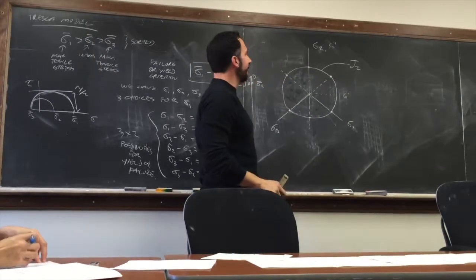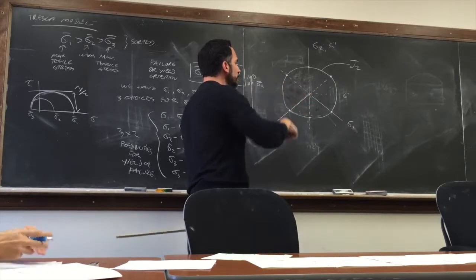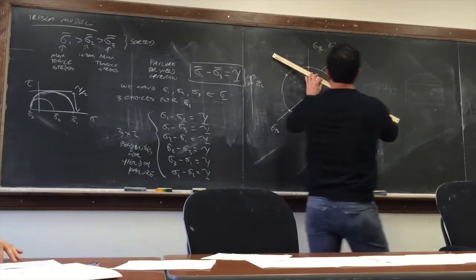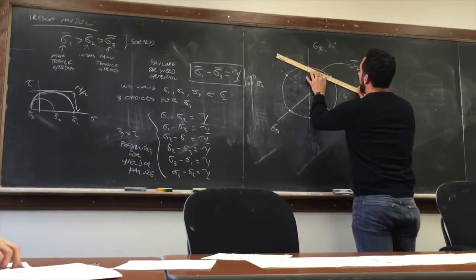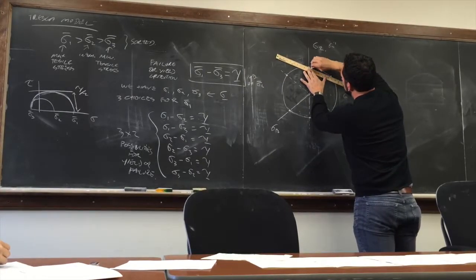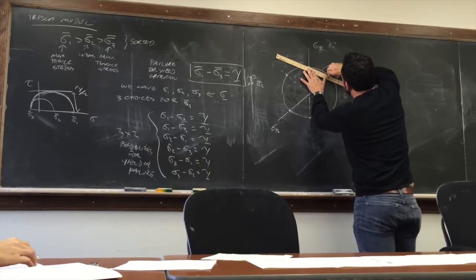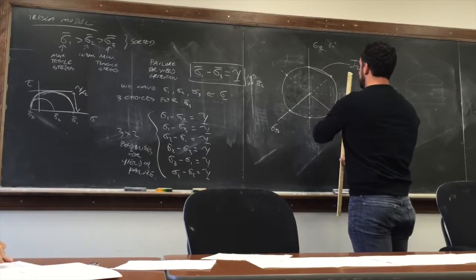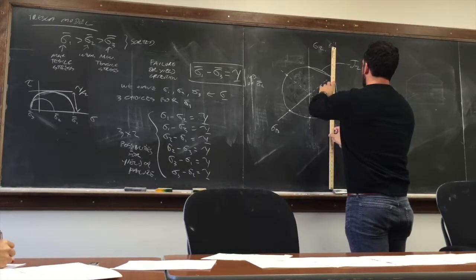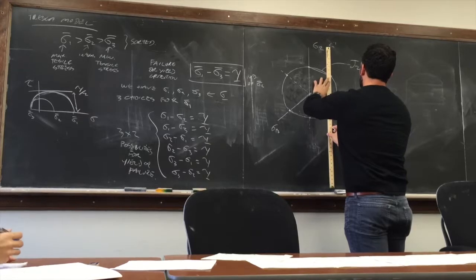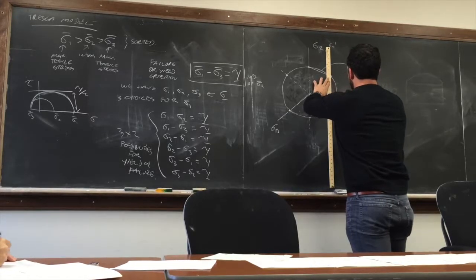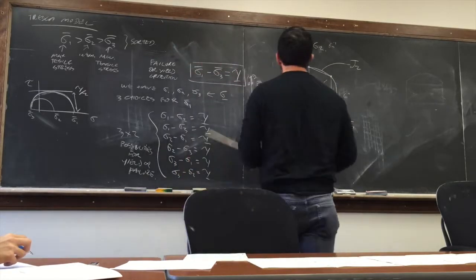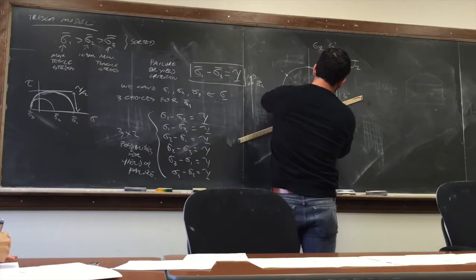But instead of having this smooth circular form, it has straight planes, straight edges in between. So that's one edge. Here's another edge. Here's another edge.